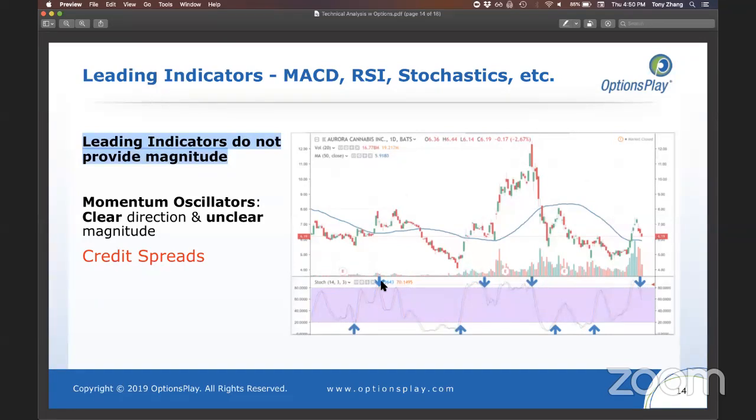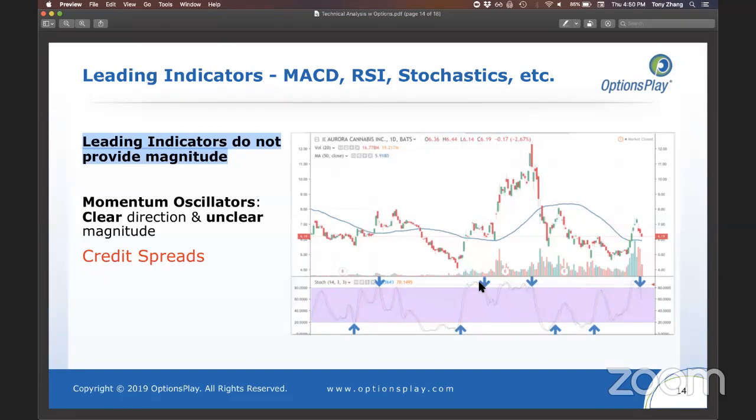Basically, every time it crosses above its upper band and crosses back below, that's a sell signal, and vice versa. When it crosses below the lower band and back into the middle range, that's a buy signal. However, as you can see, whenever this happens, there's no indication to me as to whether this stock is now going to rally or decline by 1%, 10%, or 100%. The signals are all the same.